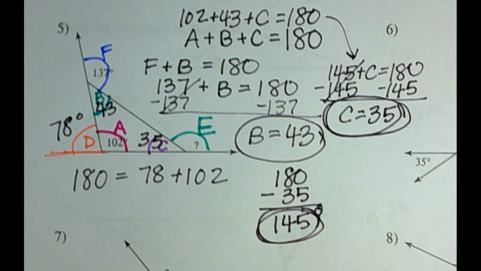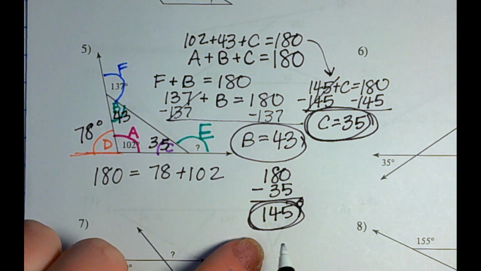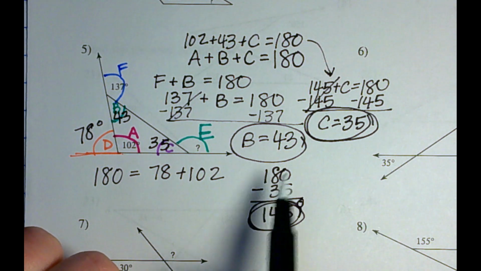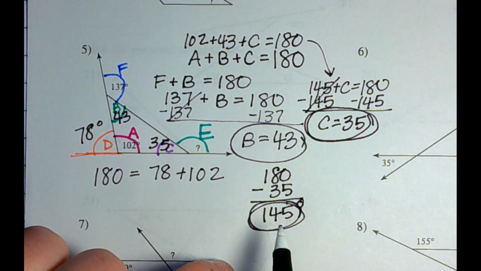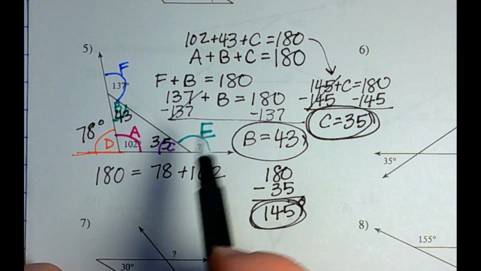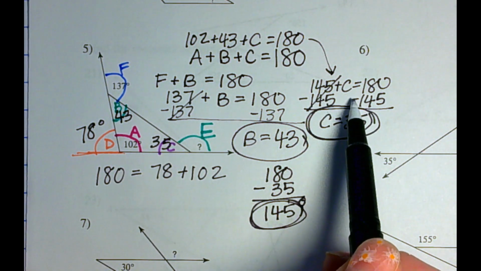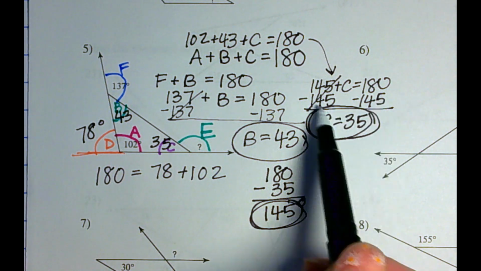Where did you get 145? Did you say 145, Michael, or did I hear you wrong? 180 minus 35 is 145? Yeah, that's right, because you had 145 up there already. 180 minus 145.